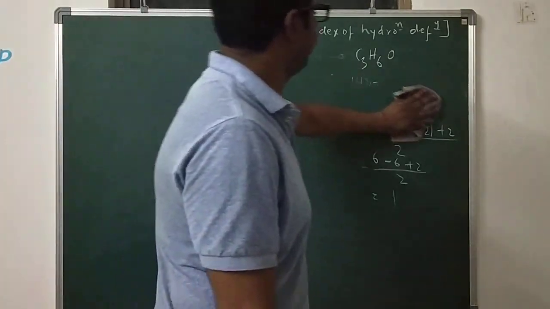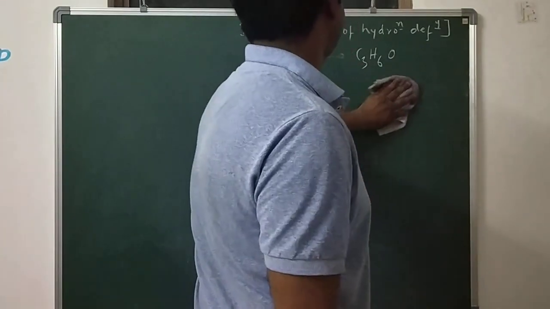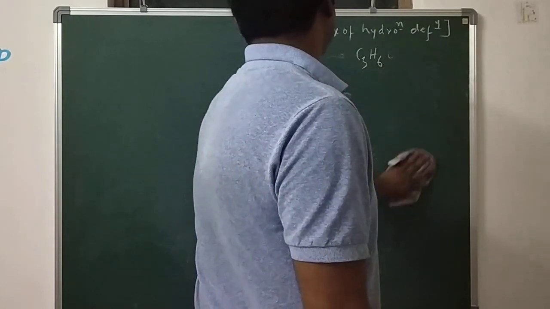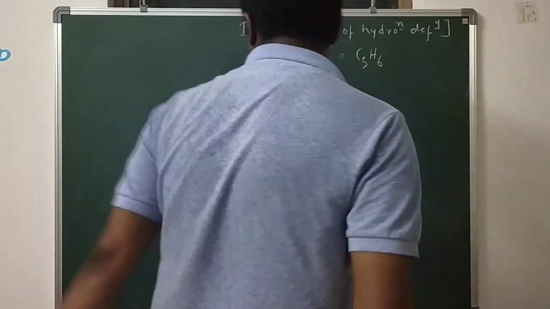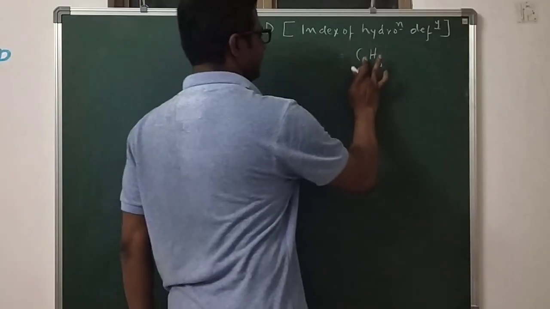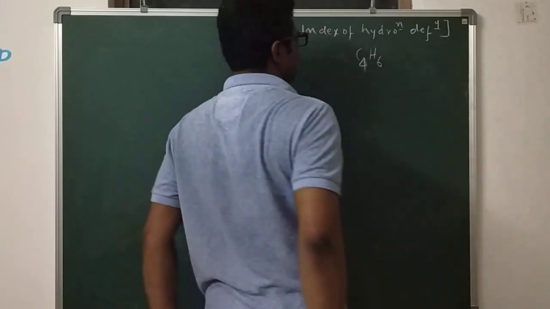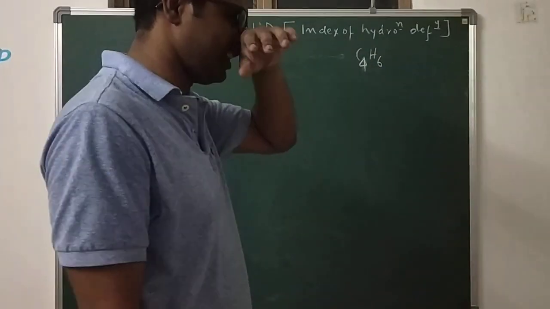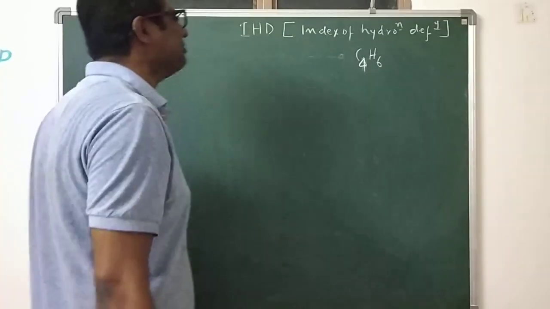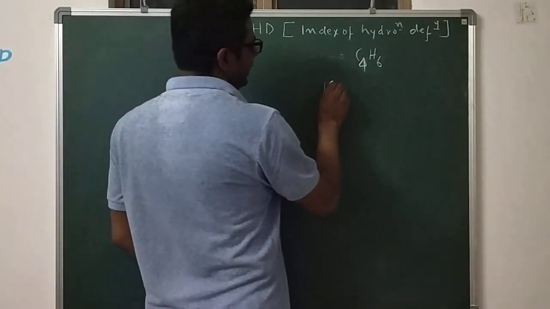Now let us take the homework compound. C4H6, right? That was the homework compound. Many of you have given answers as 5 and some of you have given 6 also. So let us calculate IHD again.